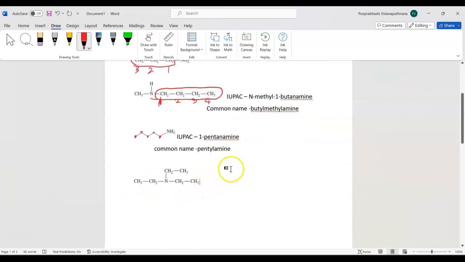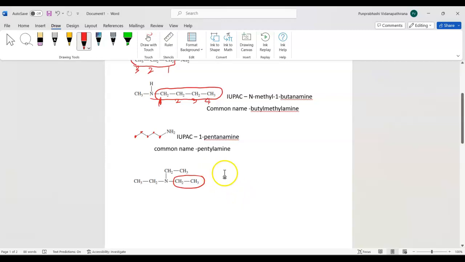So in this structure, what is the IUPAC name? The first part is to determine the alkyl chain. Since all of them are ethyl groups, we can consider one as the main chain or the longest chain. Since there are 2 carbon atoms, we don't need to number.